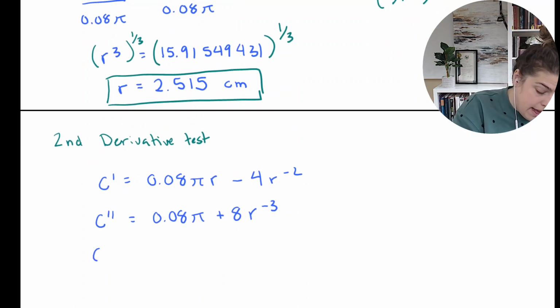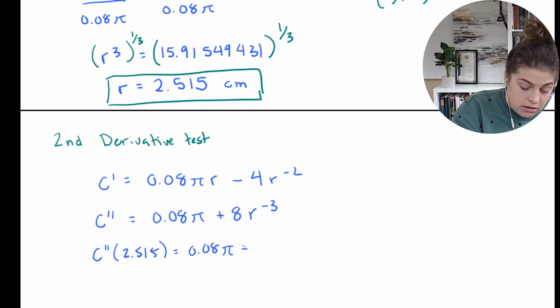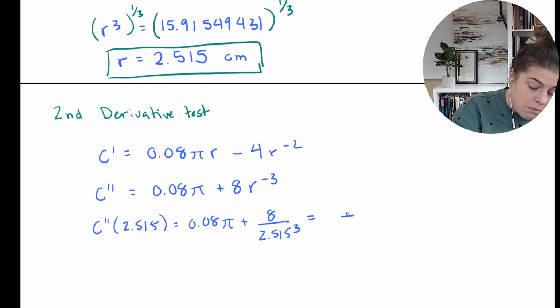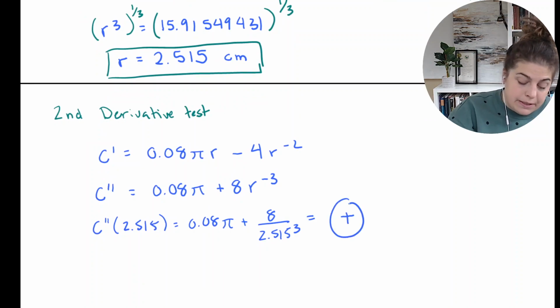And so if we plug in that point of 2.515, everything in here is positive. We get a positive number back, right?